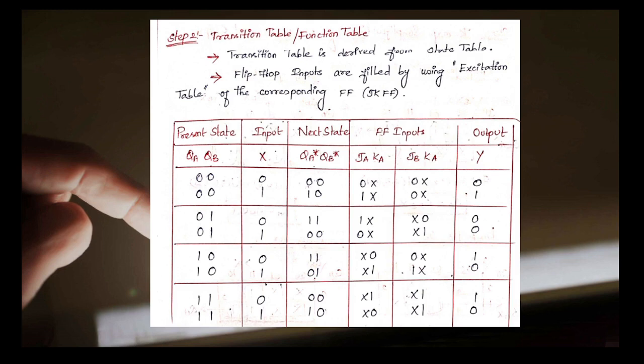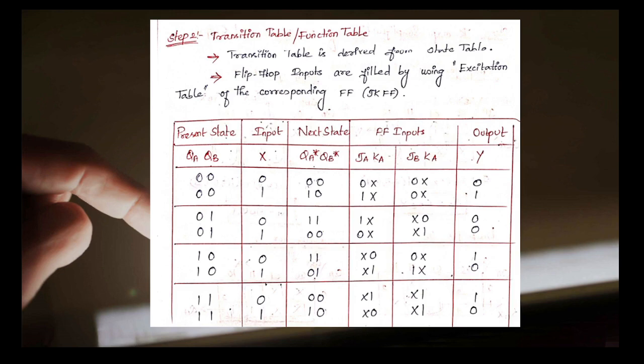When my x is equal to 0, it moves to the next state QA star QB star as 00. So we have to refer to the flip-flop excitation table, as in the question it was mentioned as JK flip-flop. So QA, QA star, JA KA, QB, QB star, JB KB, and we will get the respective output. Here is the display.